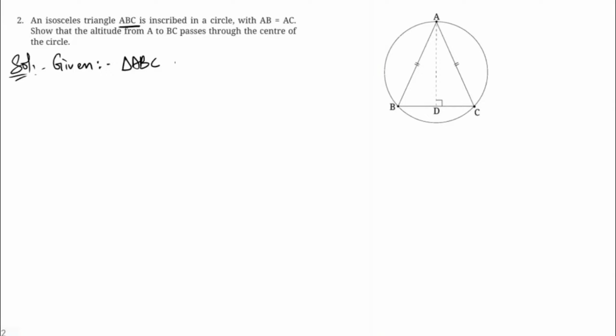We will write that. So AB is equal to AC. When two sides of a triangle are equal, we say that it is an isosceles triangle. And what is the base here? The base is BC.